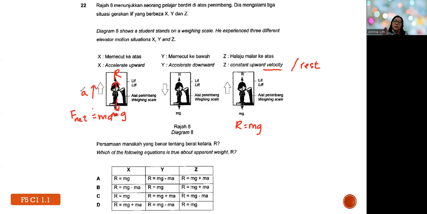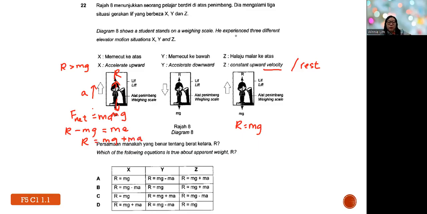The acceleration always follows the direction of the net force. That's why R is greater than mg. To form the equation, we always use bigger force minus smaller force, assuming the smaller force is in the negative direction. Then your equation will not have negatives, which would be confusing. So in this context, R minus mg equals ma, and you rearrange to R equals mg plus ma.